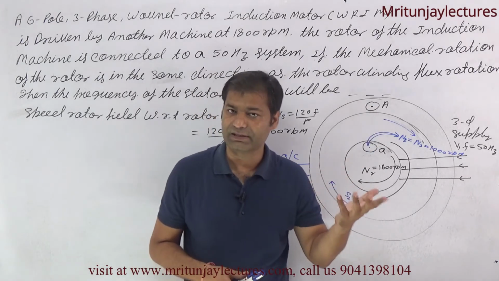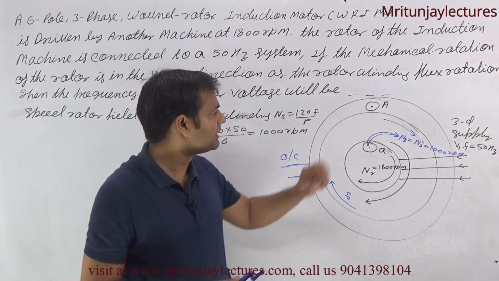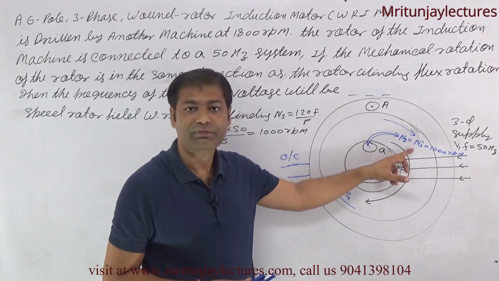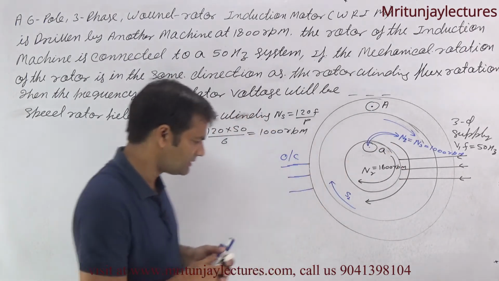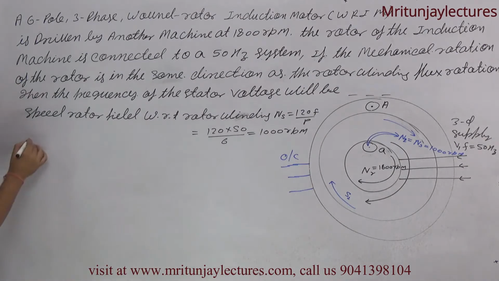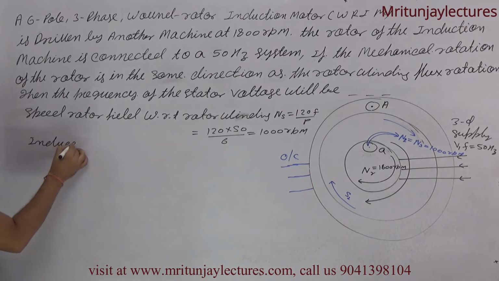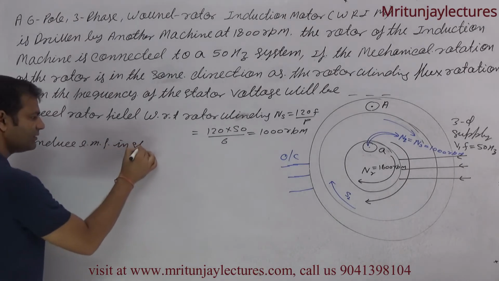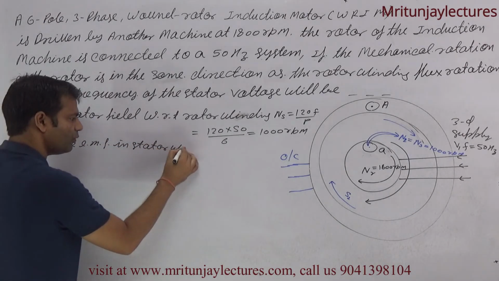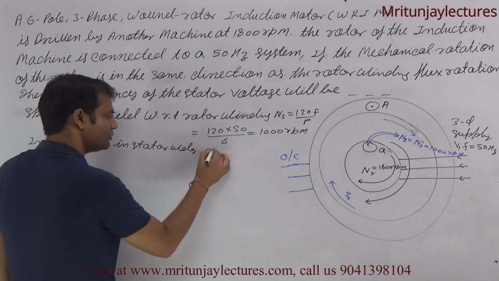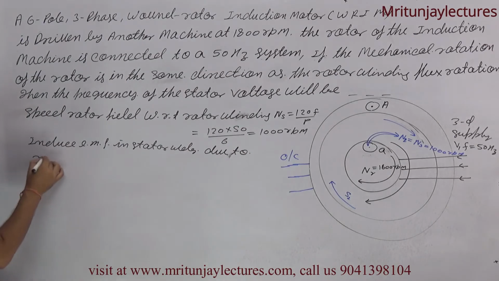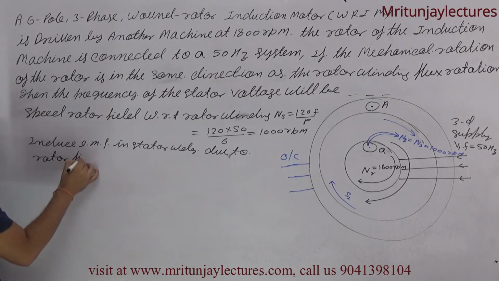Why? Because of relative motion between the stator winding and the rotor field, okay. So you can say that induced EMF in the stator winding is due to the rotor field, clear? Rotor field.